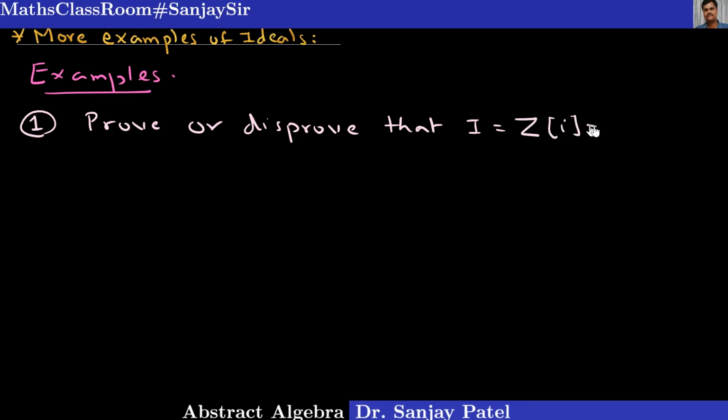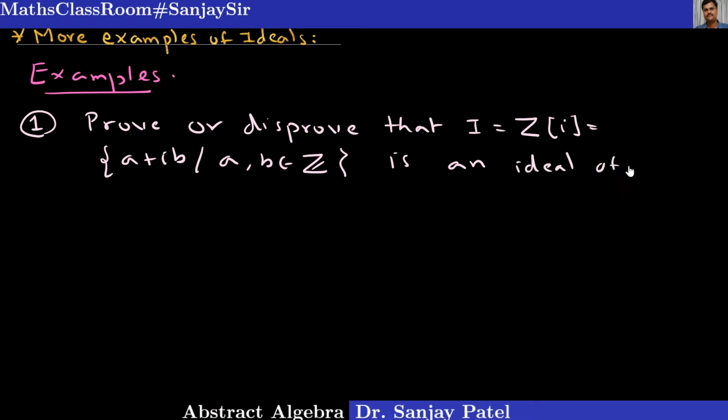It is the set of all complex numbers of the form a plus ib, where a and b are integers, is an ideal of the ring C, comma plus, comma dot, that is the set of complex numbers.